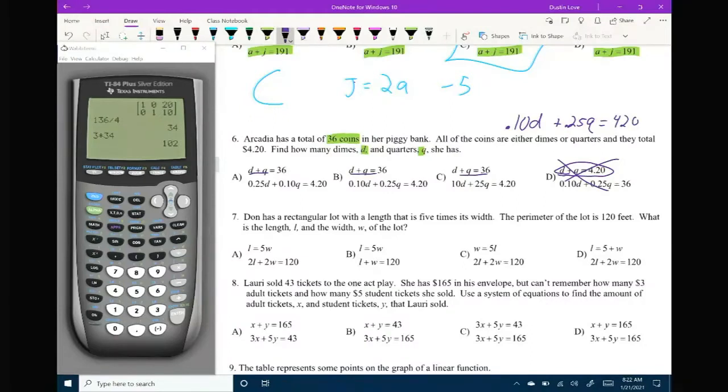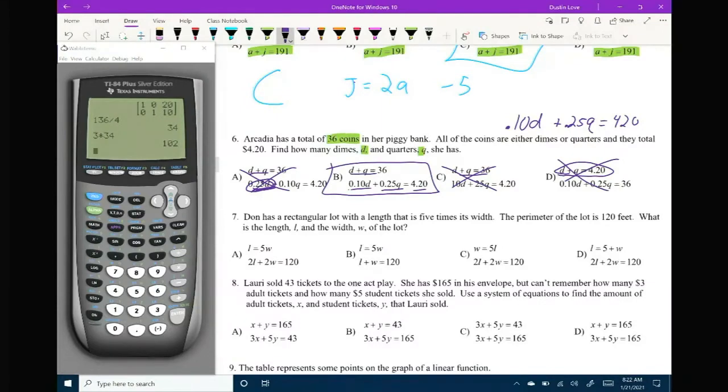So let's see, 0.25D, no, that doesn't make sense because dimes are not 25 cents. 0.10D plus 0.25Q equals $4.20. That one looks good, but let's compare it to C. C has got 10 plus 25 equals 420. The only problem with that is that this is not in decimal form. So this one's not going to work because that number is way too large, way more than $4.20. So that can't be it. So our answer here is B.